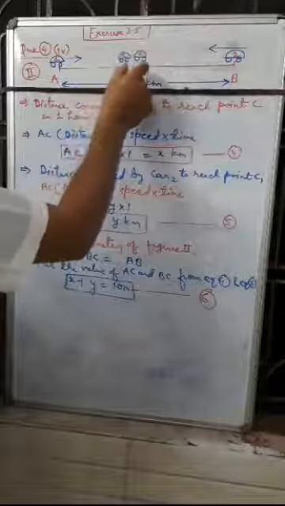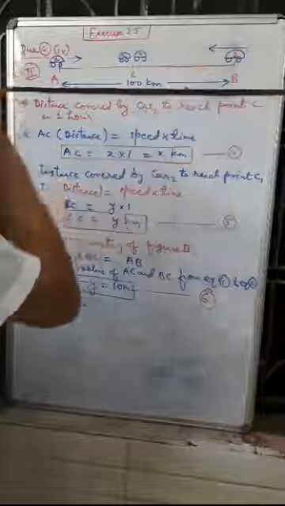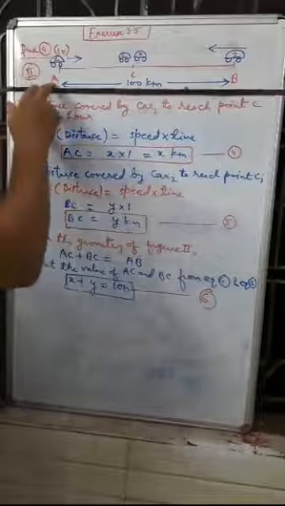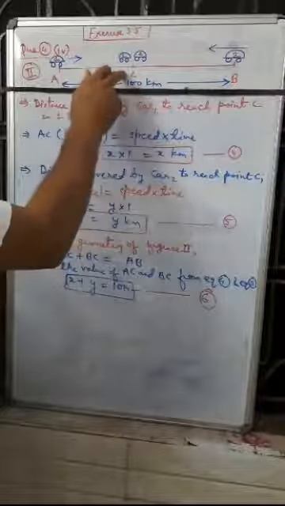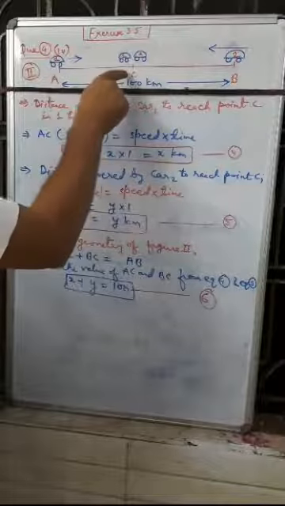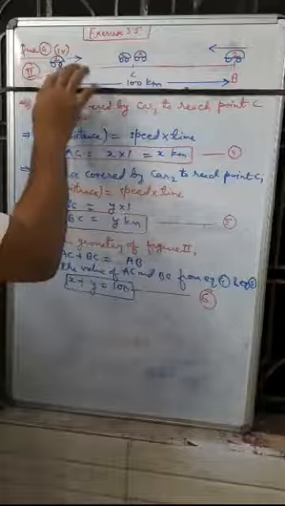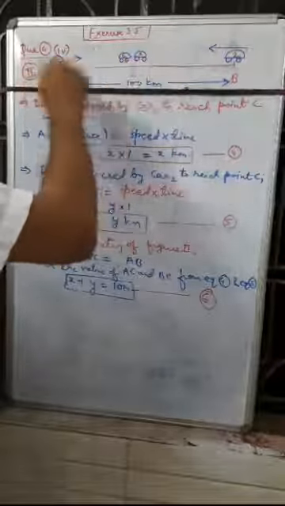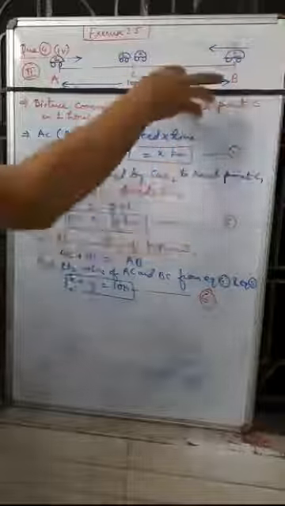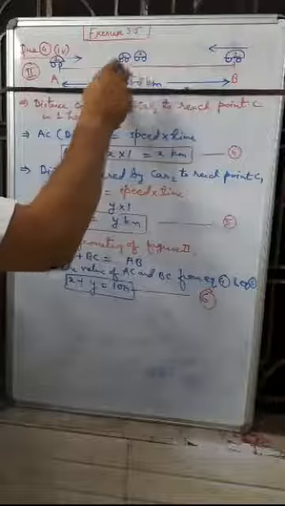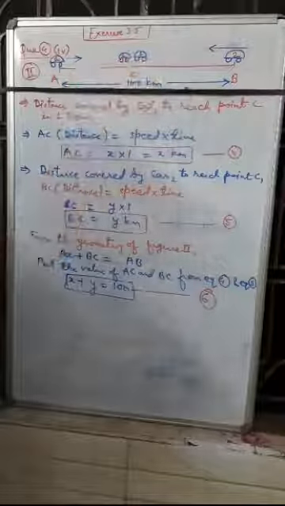Definitely they will meet at point C after 1 hour. So the distance covered by car 1 to reach point C, but now C is lying between A and B. In the previous condition, point C was lying outside of A and B, but here C is lying between A and B.